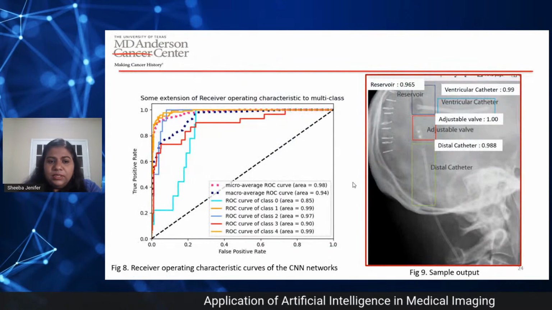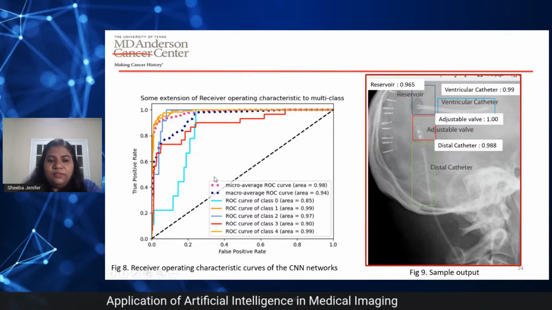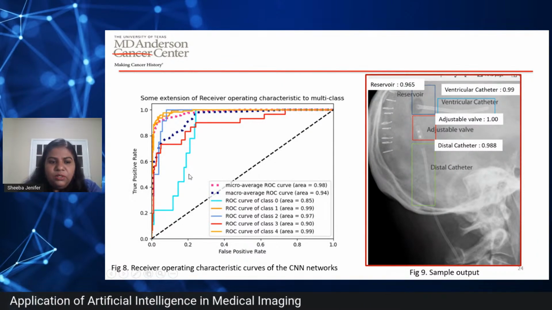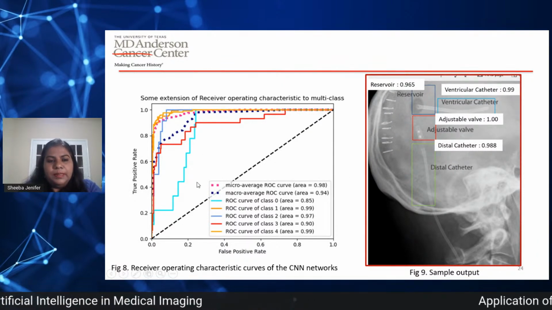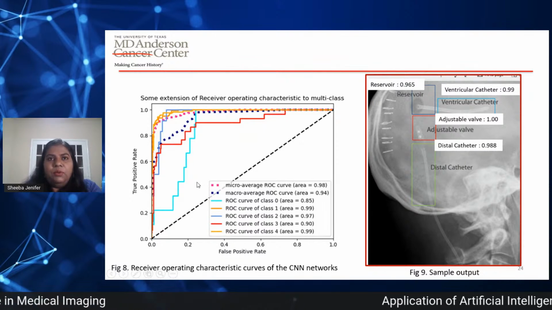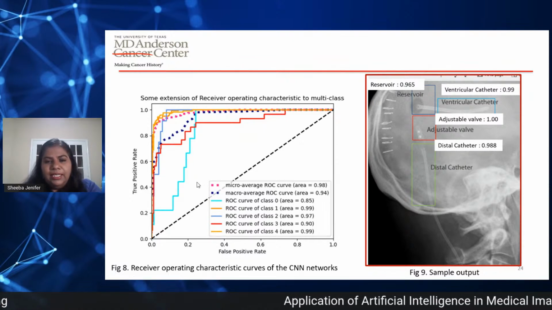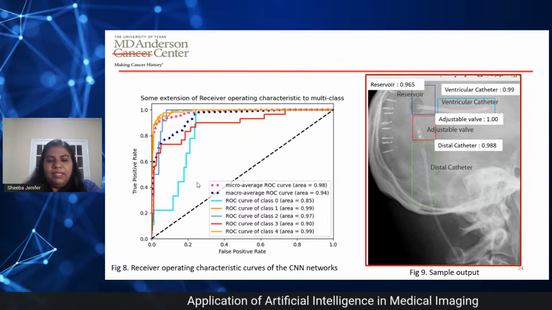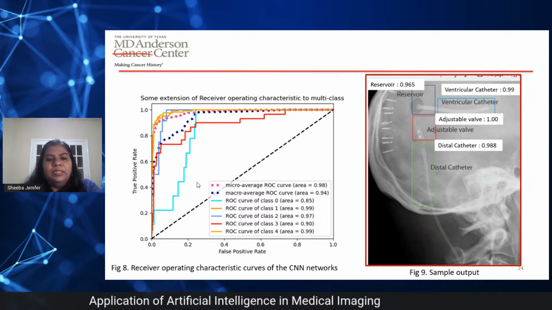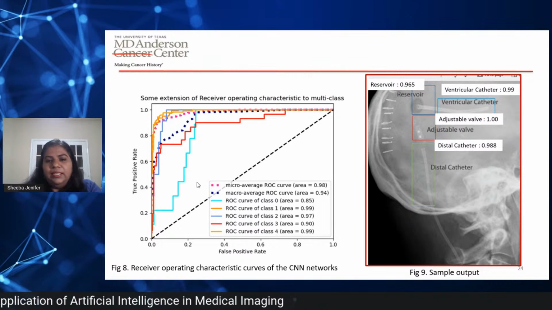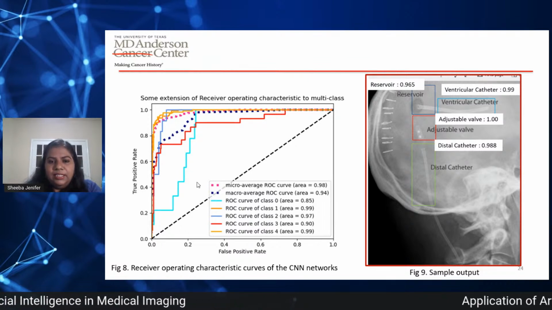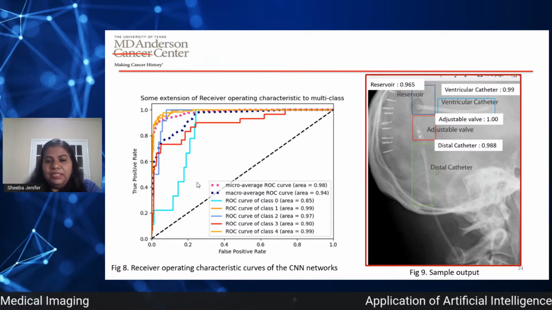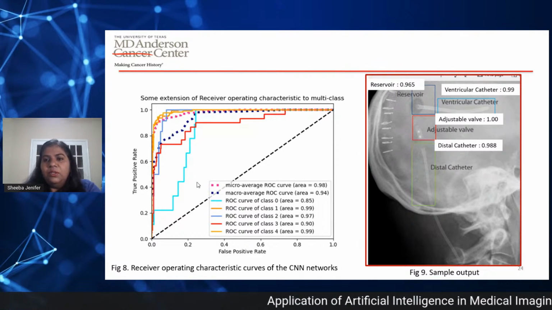So these are the ROC curves of the training using these different images. What I want to say is this project mainly wants to develop a model which can say whether the implanted device can be correctly detected, and it will help in decision making in the clinical workflow.